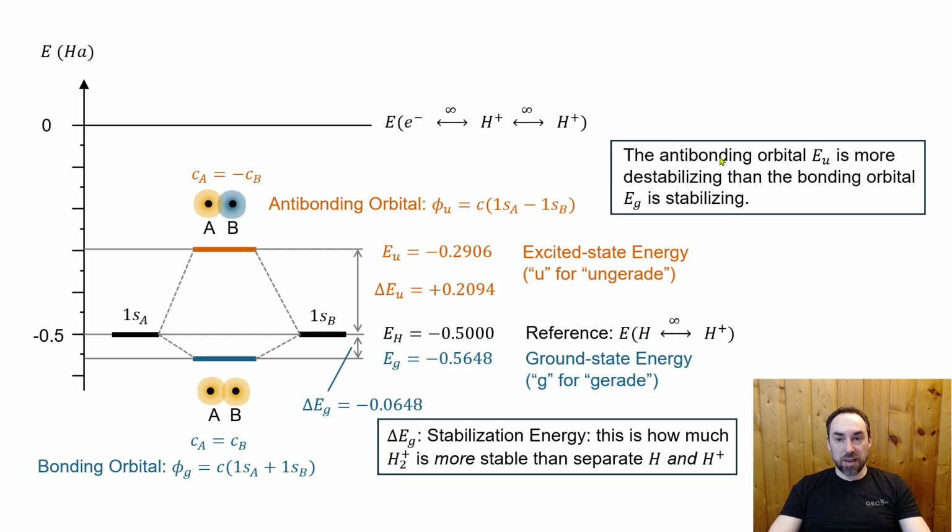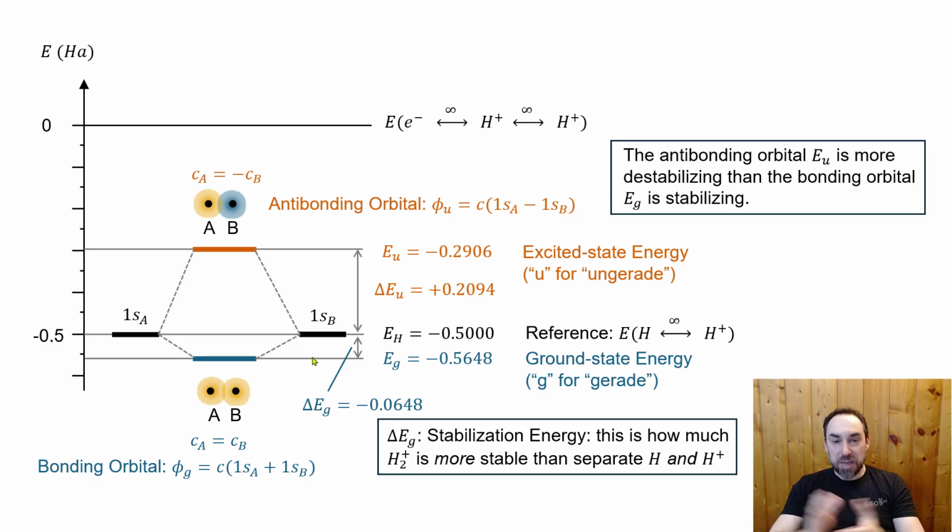Notice that for this anti-bonding orbital, the delta EU is bigger than delta Eg when we look at it in absolute value. What does it mean? That the anti-bonding orbital EU is more destabilizing than the bonding orbital Eg is stabilizing.